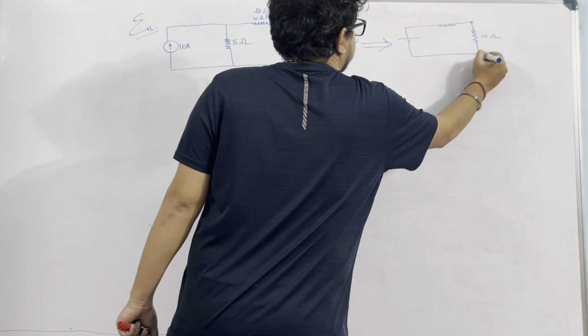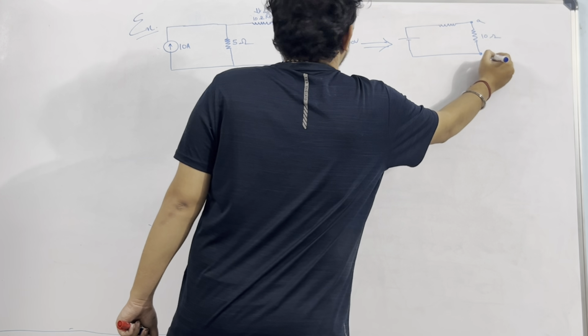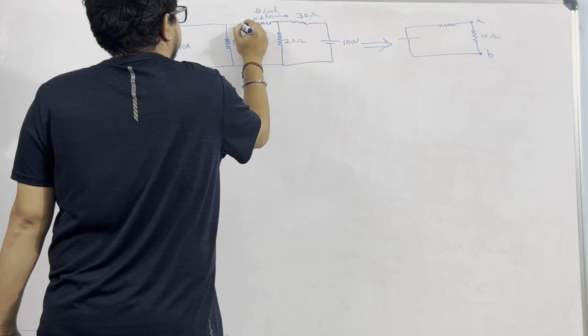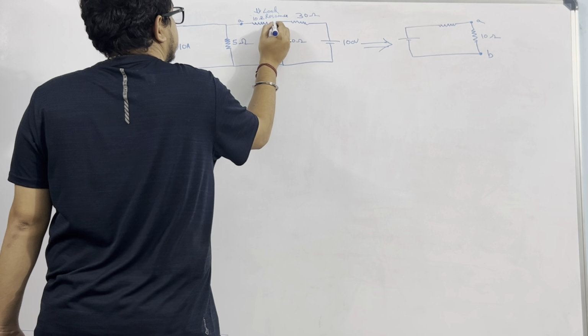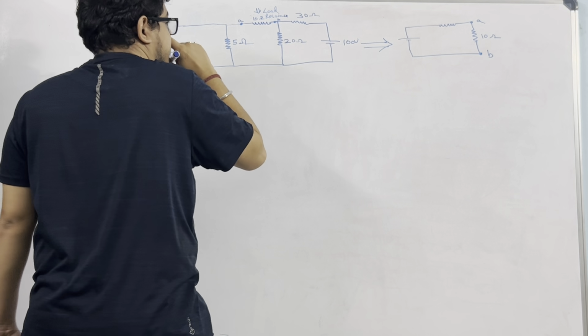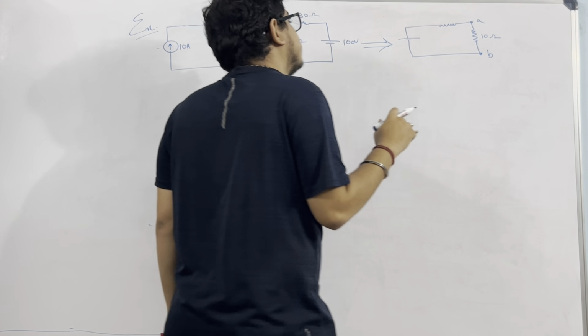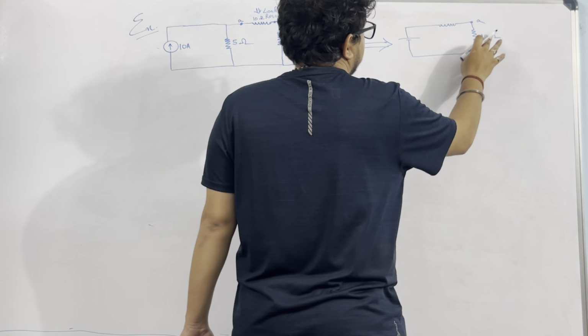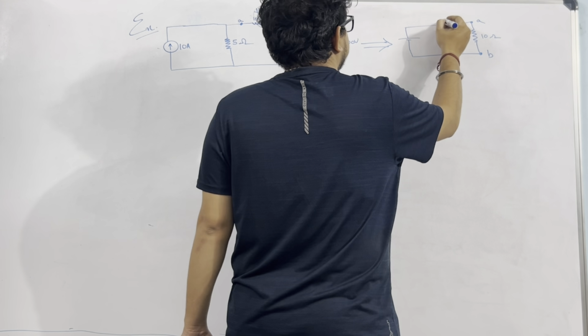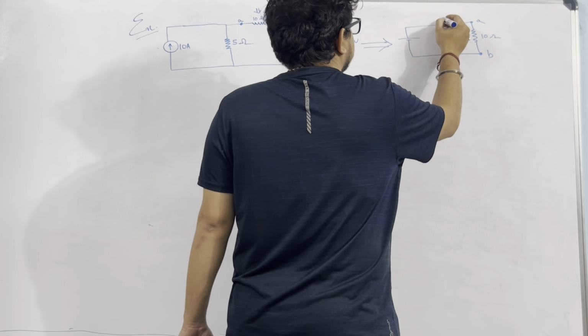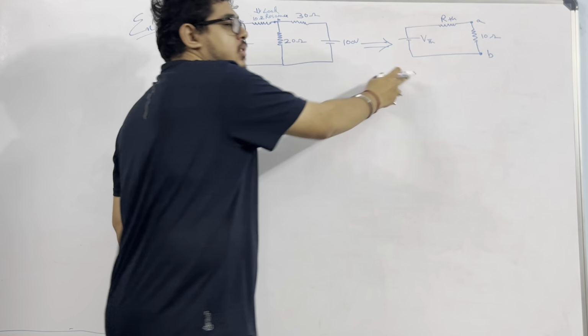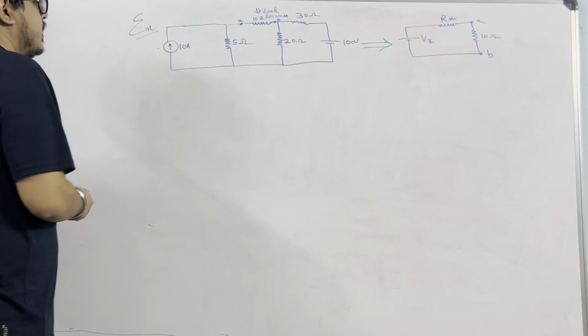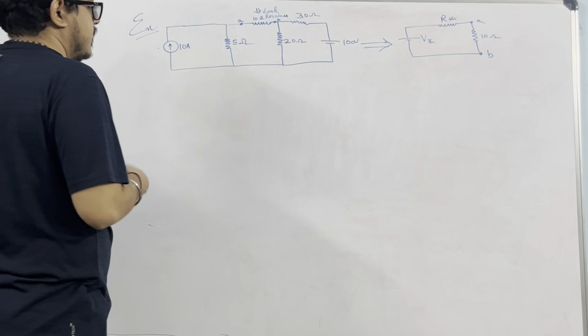A, B, here it is. A, B, and this is the Thevenin resistance, and this is the Thevenin voltage. So we have to reduce this circuit into this circuit. So here a current source is also present in this case.